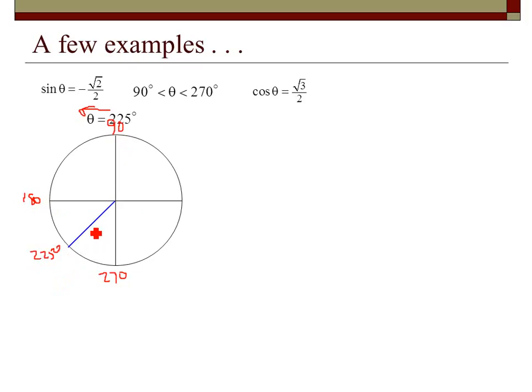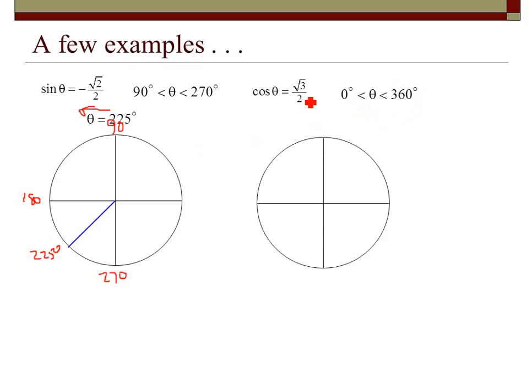Okay, this time we have cosine of theta equals √3/2. We're going again full circle. √3/2 is about 0.87. So I'm going to look on the x-axis. Here's 0, here's 1. I want to go out to 0.87, right here.